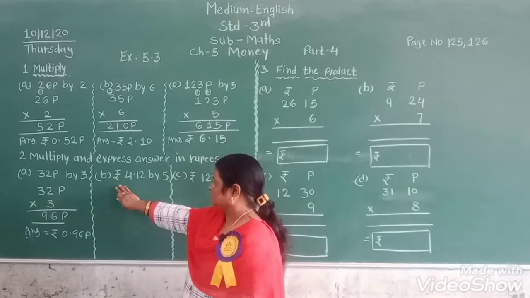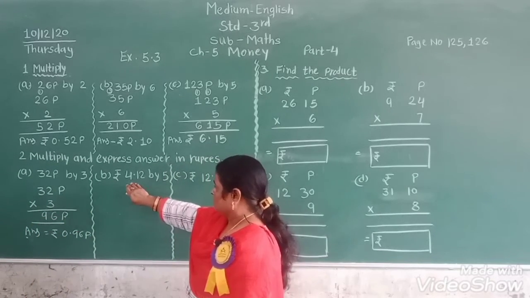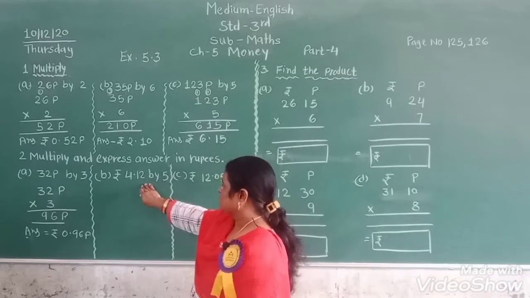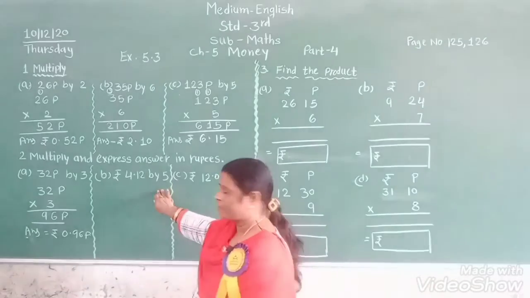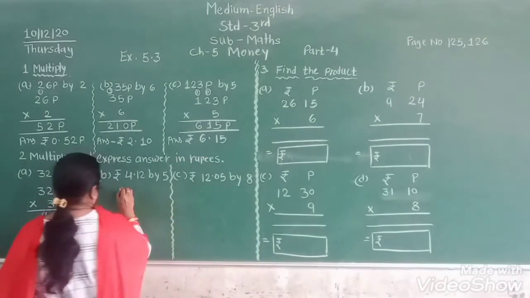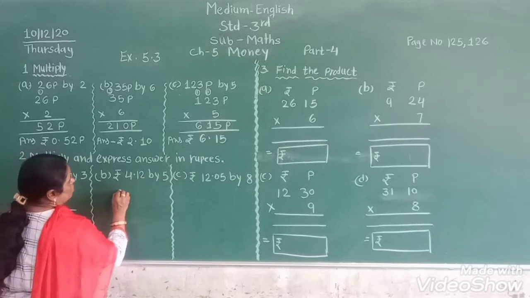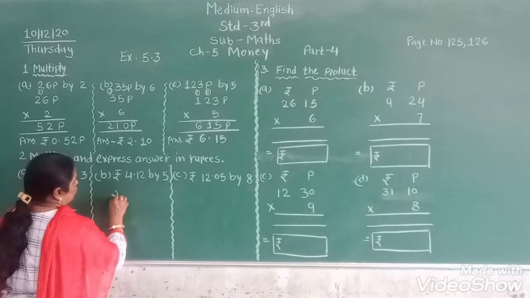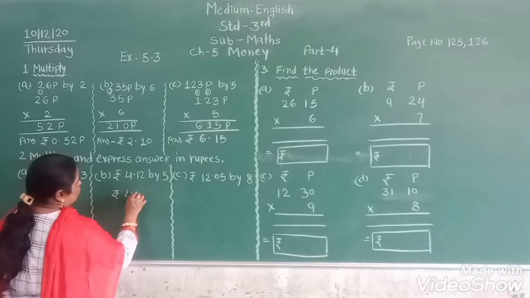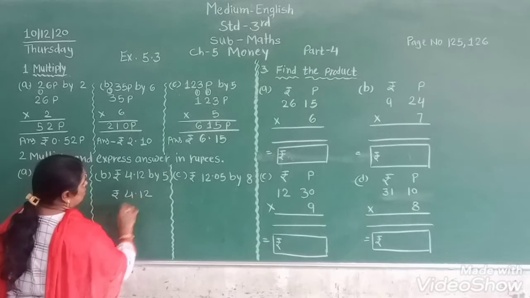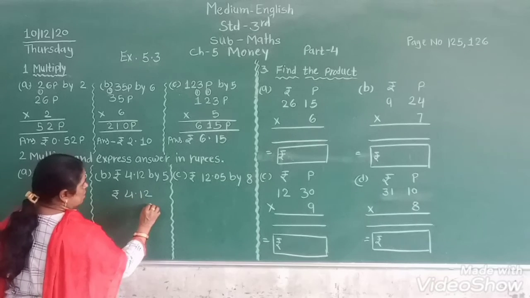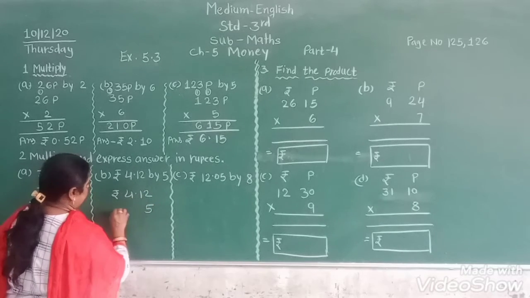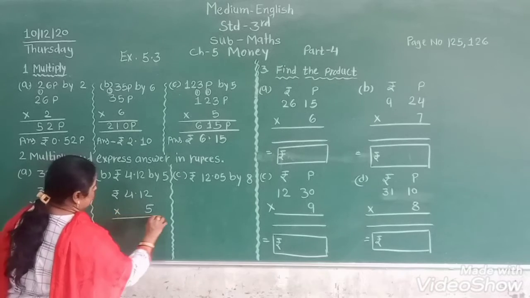Second number, rupees 4 and 12 paise multiply by 5. So we write here rupees 4.12, 4 rupees 12 paise, and multiply by 5. Okay.